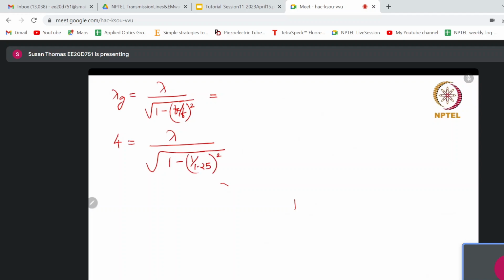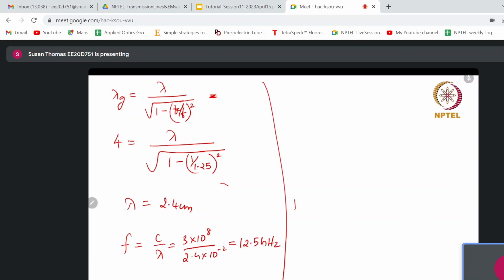So this is the ratio. So from this, lambda is 2.4 centimeters. So f is c by lambda, 3 into 10 power 8 divided by 2.4 into 10 power minus 2. So you will get the value as 12.5 gigahertz. So this is f. Now Fc.